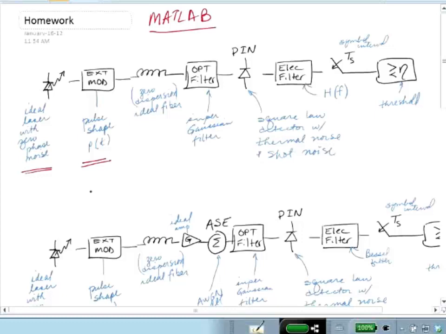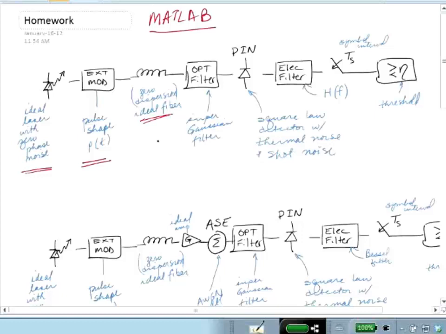We'll talk about other shapes which may be more desirable. The external modulator we use is an ideal external modulator. I think there is a way of manipulating at least the extinction ratio, but the extinction ratio in the homework is very high, so there's not much effect due to a non-ideal external modulator. We have an ideal fiber, with zero dispersion.